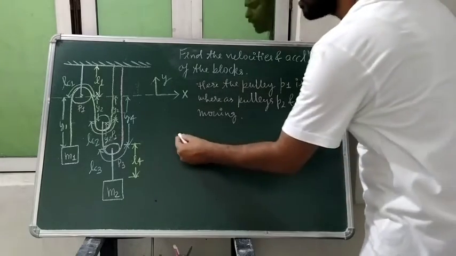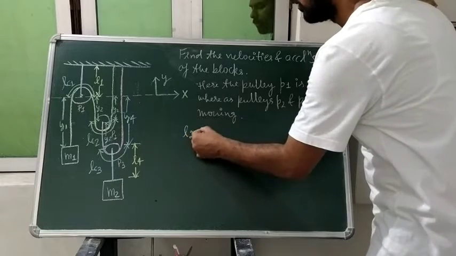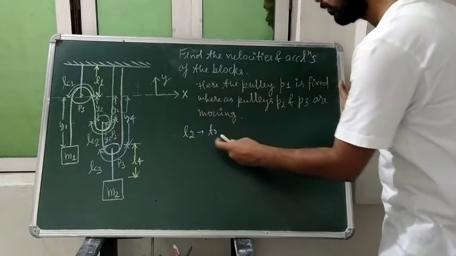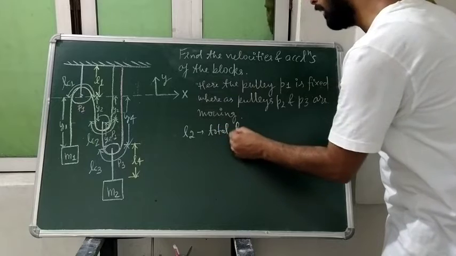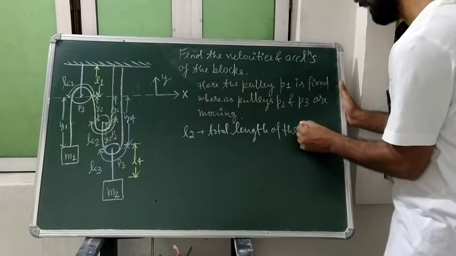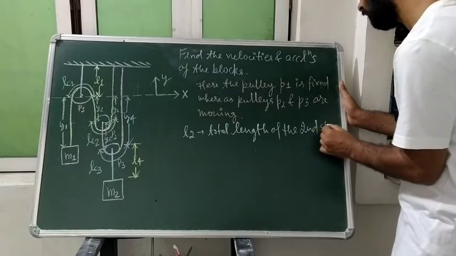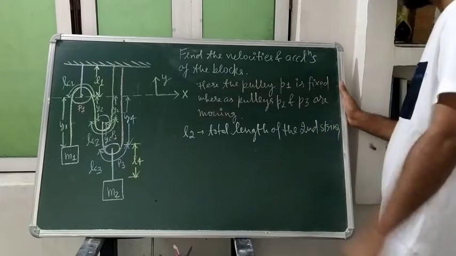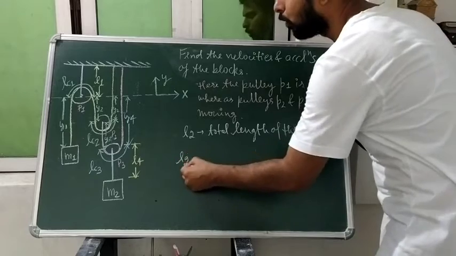And suppose I am saying that L2 is the total length of the second string. So this L2 should be equal to what, student?